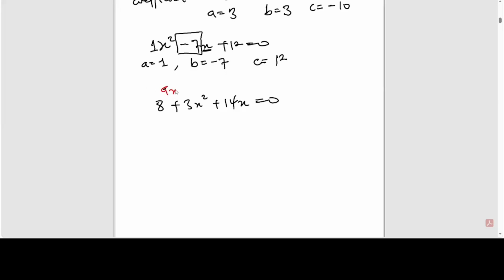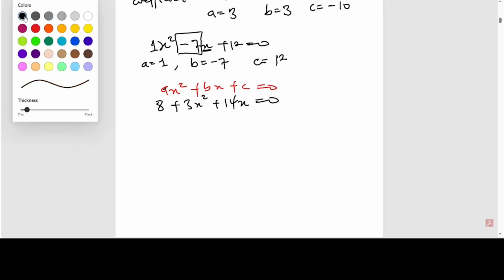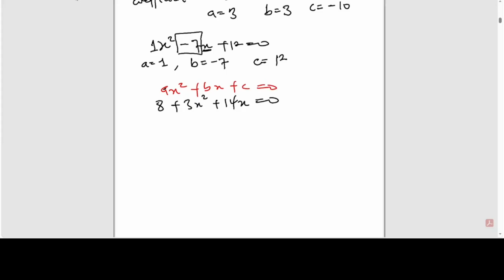Let me write ax squared plus bx plus c equal to 0. And don't forget that, like I said, the first number is not necessarily a. For a, we look for the coefficient of x squared. So look through the equation and find x squared, which is here.